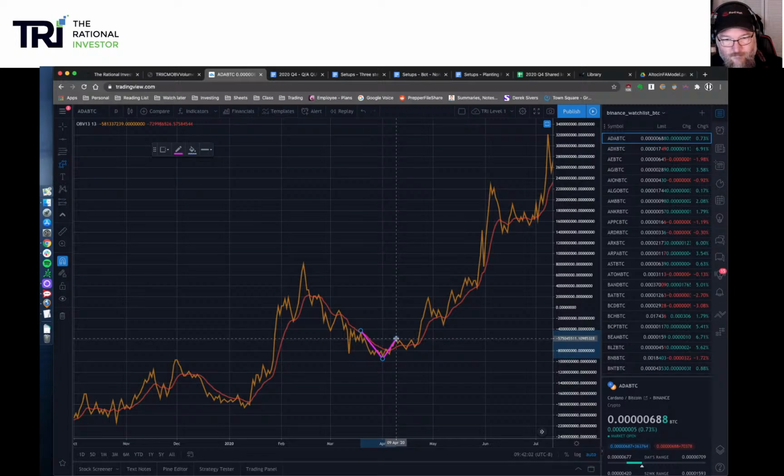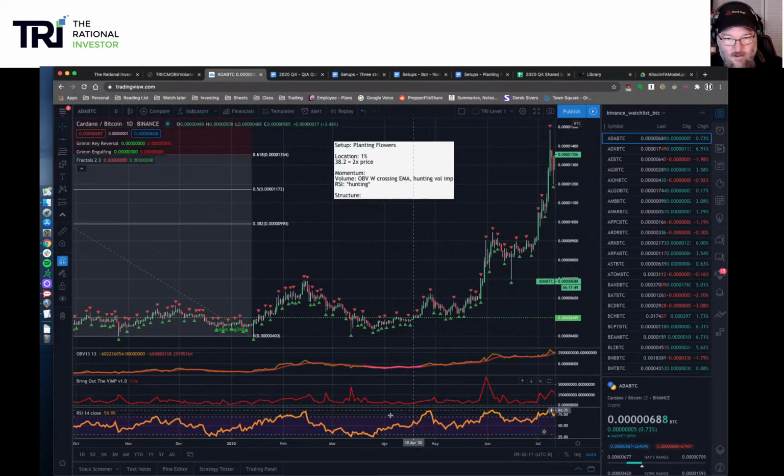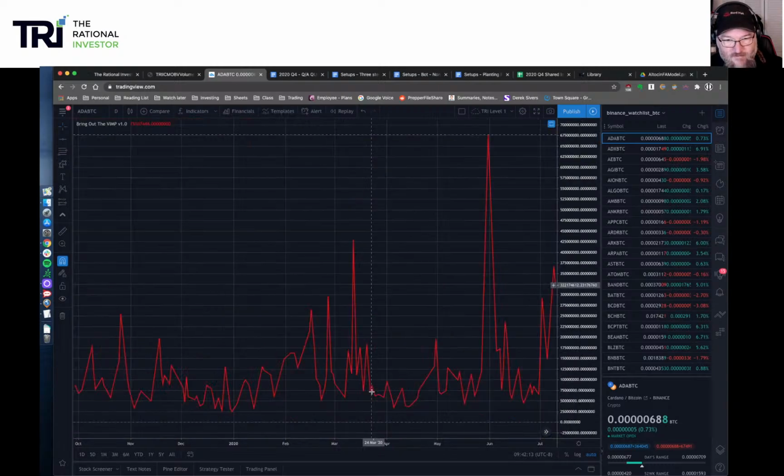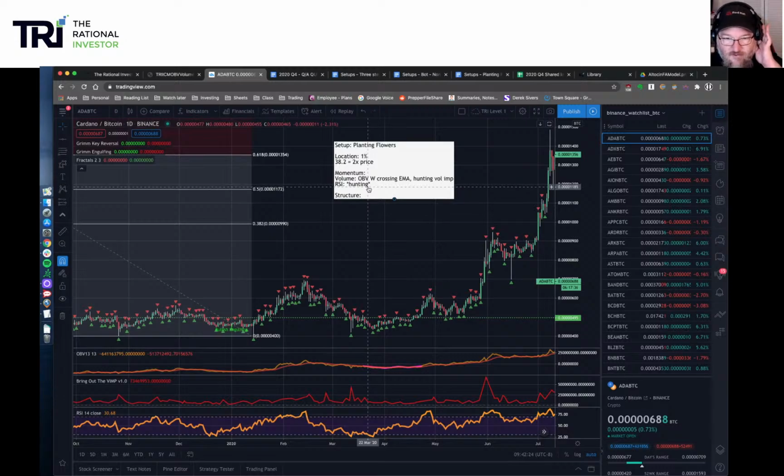Boom, boom, boom, boom. Right? We have a W crossing the EMA. At the same time, boom, boom, boom, falls asleep. Now the problem is it wakes up right after, so I don't know if we could have gotten in before then. Maybe. Wakes up, it's way over here it wakes up, right?